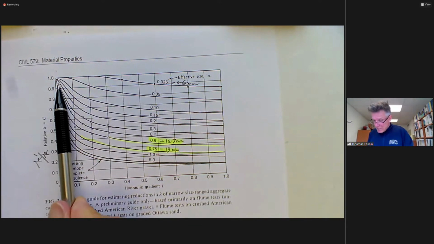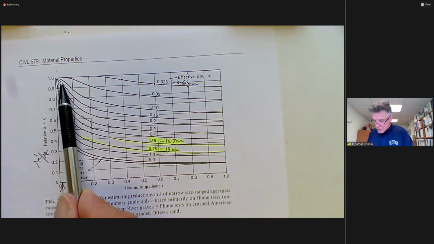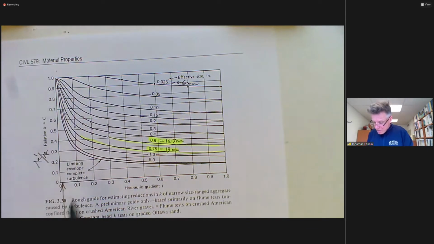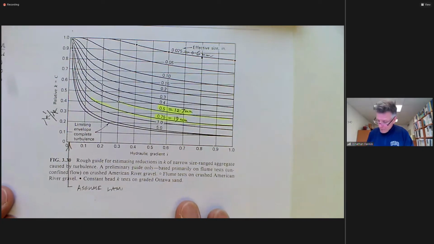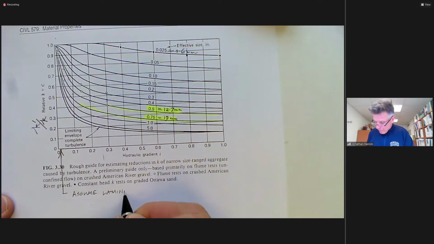And these data here, right? See the 3 sets of data. So the initial values here are assumed laminar flow. At 0.01.